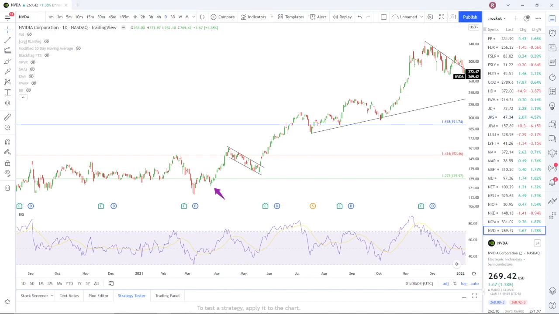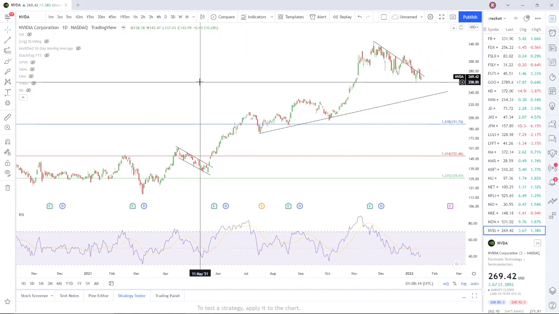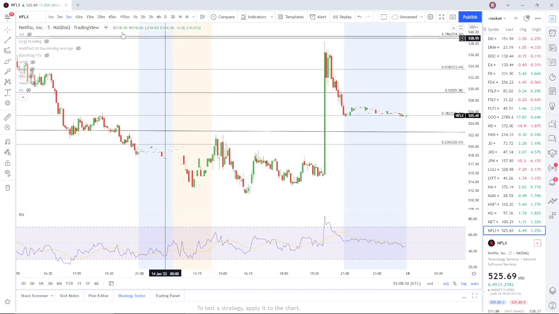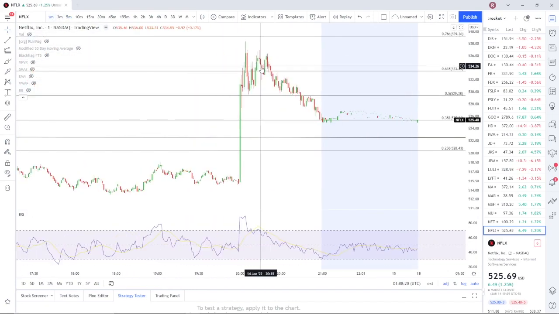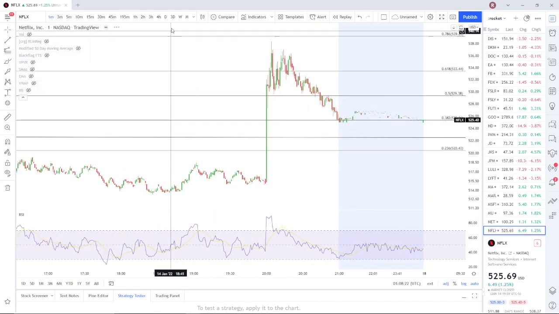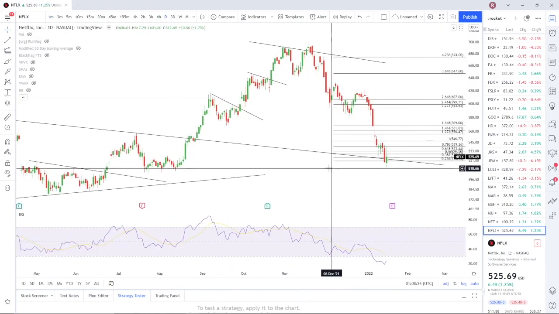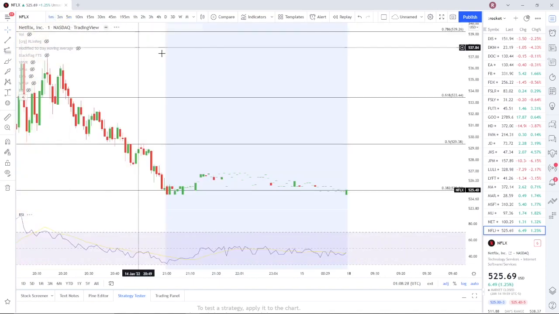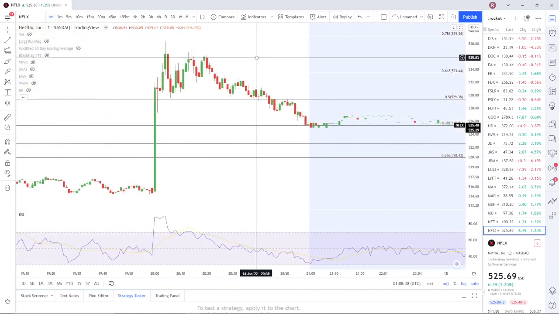Do you usually look to play against news plays? Yes and no. If it's a pop like that, the reason why I shorted the pop is because I had an extension made when it came to Netflix, and I was just kind of watching levels and level 2 data, and they started slamming it with shorts.